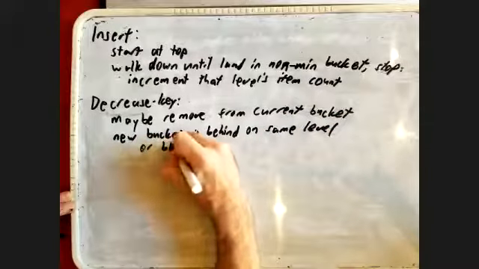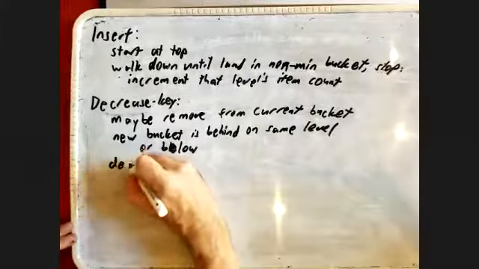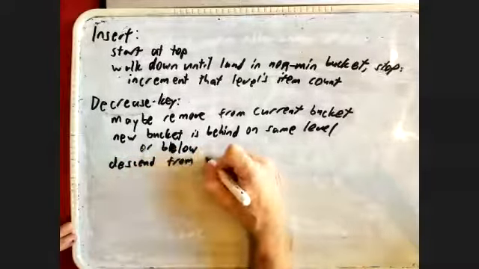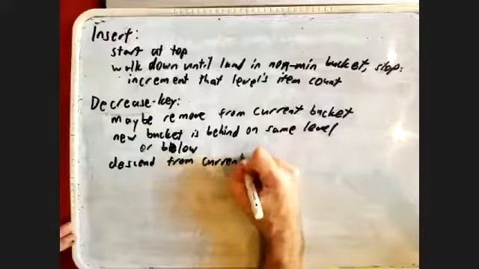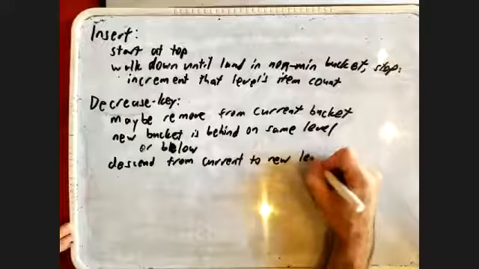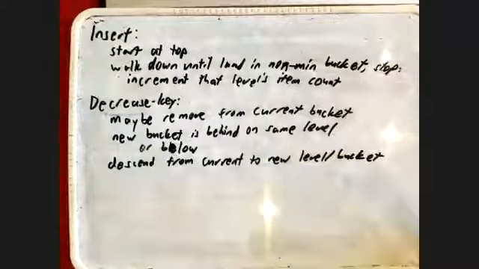It may be that I now belong in a bucket that was expanded. So essentially, I just need to descend from my current position to the new level that I should be on and the new bucket that I should be on at that level.